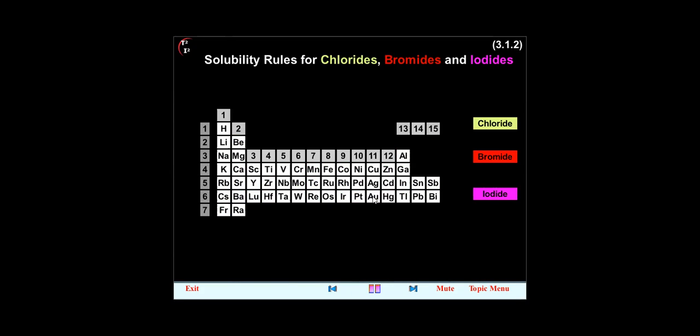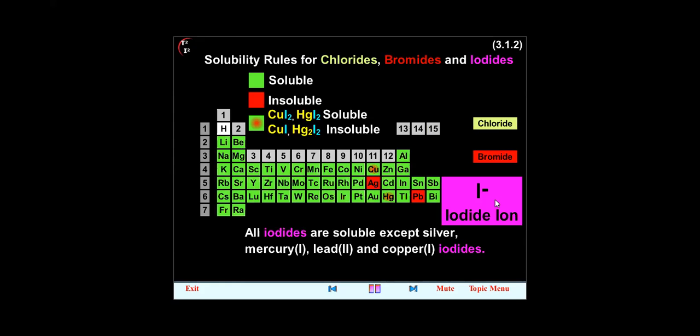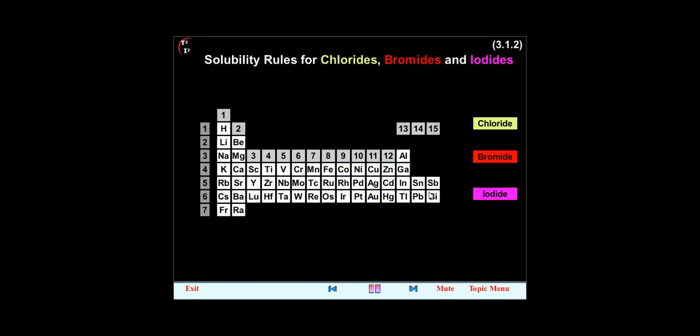Some specific elements are just not soluble when they form chloride or bromide or iodide solutions. All iodides are soluble except silver, mercury 1, lead, and copper 1 iodides. So in this case, you can memorize those four that are insoluble with the chlorides, bromides, and iodides. There's a pattern there.